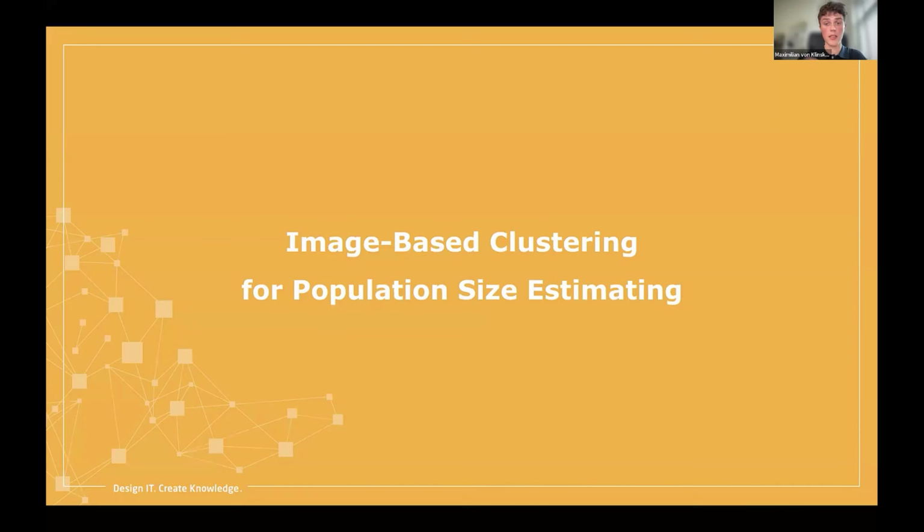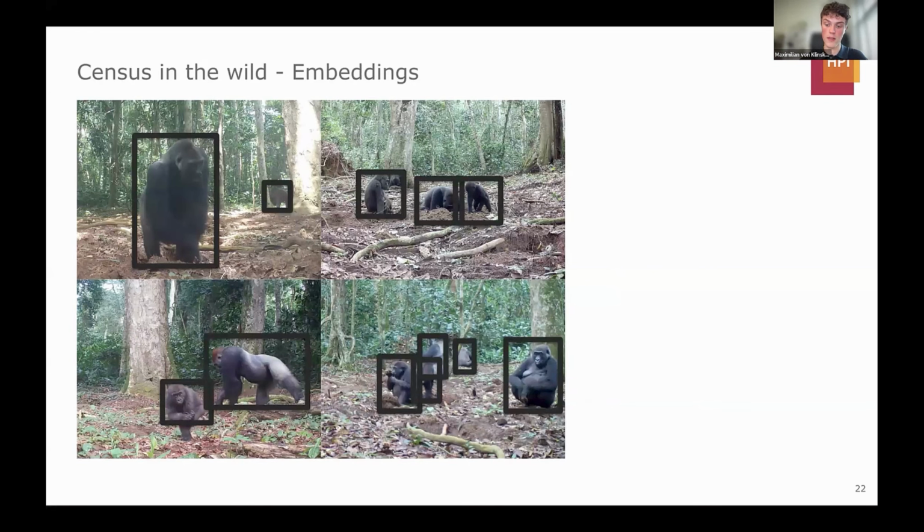But as talked about before, we also want to know how big the population is. So we want to be able to use the embeddings to accurately predict how many individuals we have. And for this, we use a constraint-based approach, since we want to know, across the videos, whether this is the same gorilla or not.